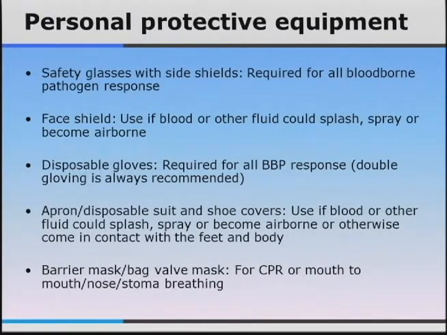Double gloving is always recommended. Apron, disposable suit, and shoe covers are used if blood or other fluid could splash, spray, or become airborne, or otherwise come in contact with feet or the body. Barrier mask, bag valve mask for CPR or mouth-to-mouth, nose, or stoma breathing.